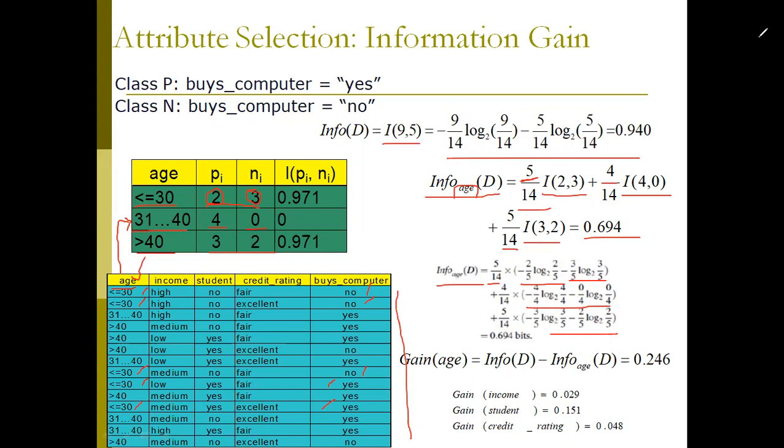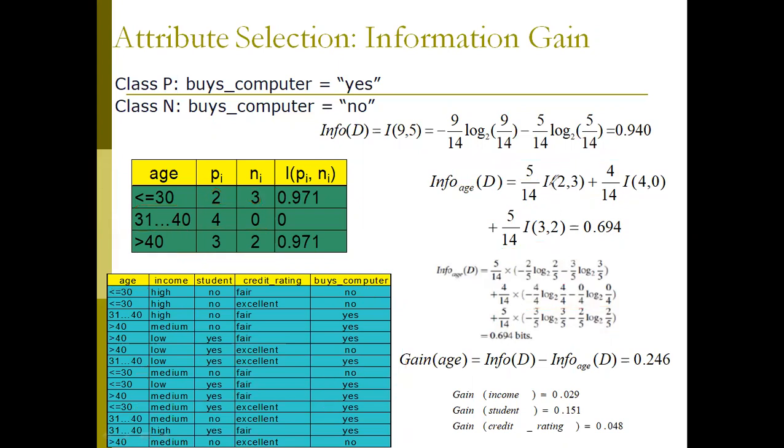Till now we have calculated two values. One is the total data set information gain. Second one is the age attribute information gain value.